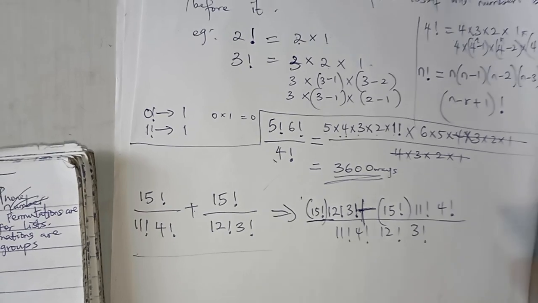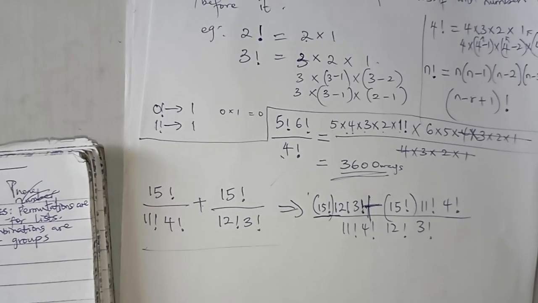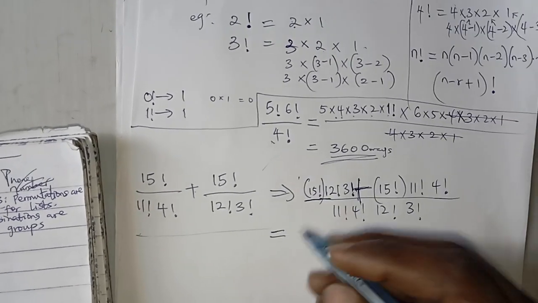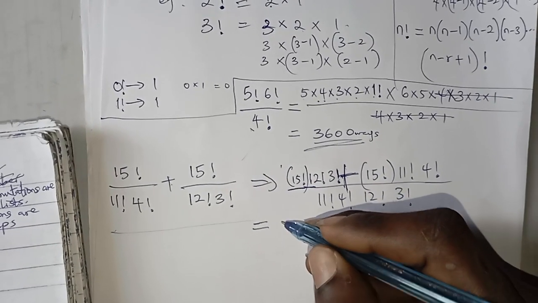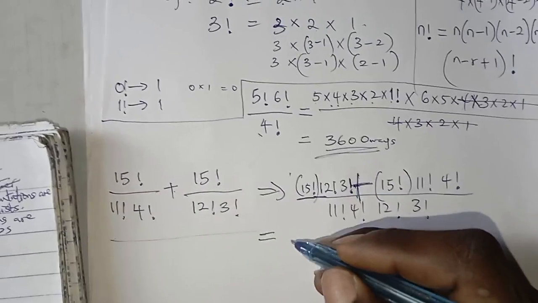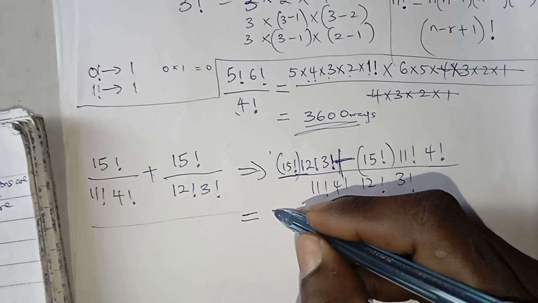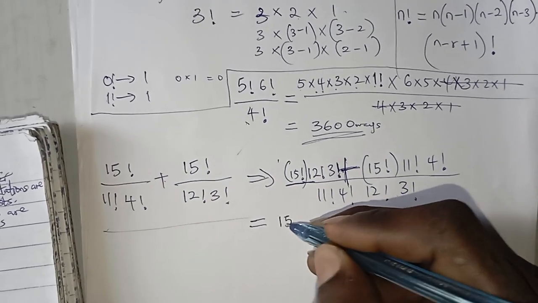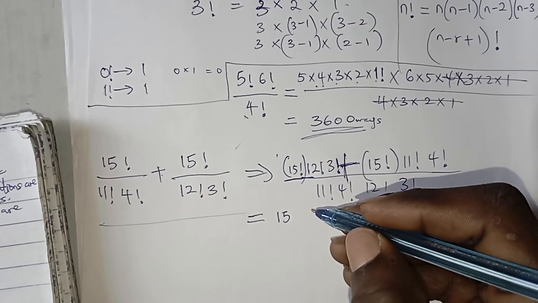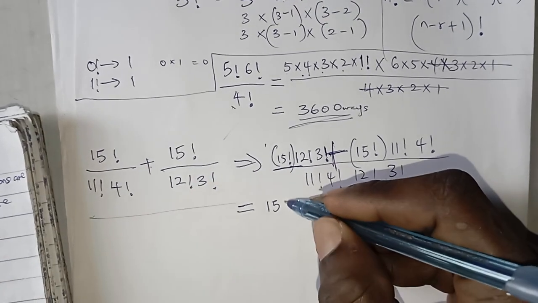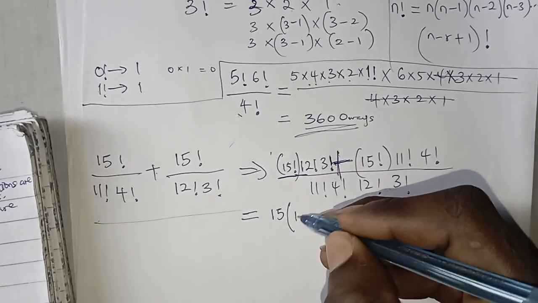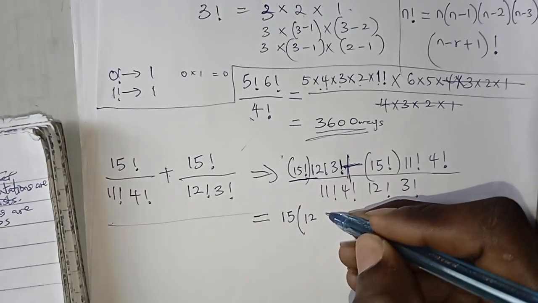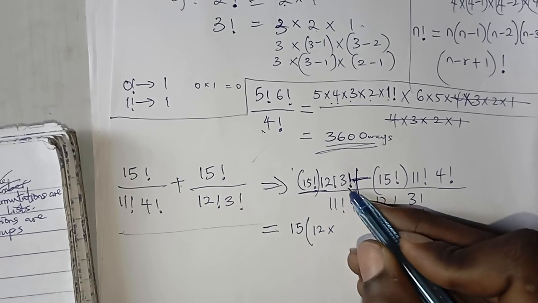So just factor it out, so that this becomes 15 times 12 times, okay, let's do it for this one.